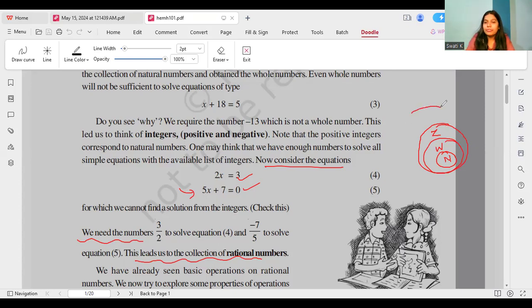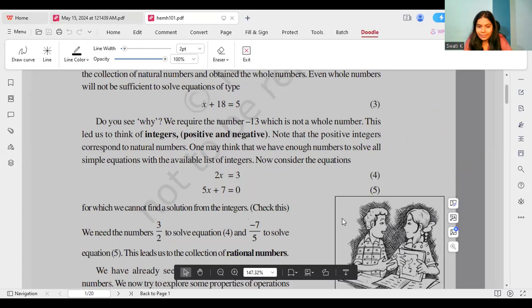And then after that, we have the concept of something bigger than integers, rational numbers. Now again, rational numbers we do not represent by R, but by Q, because R is already assigned for another type of number, which maybe you will see in this class or maybe in class 8th.